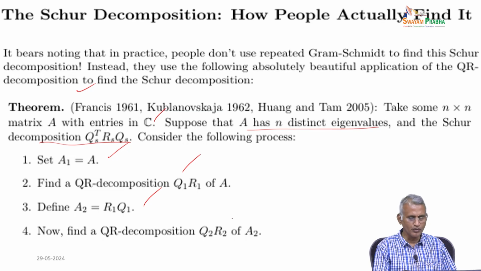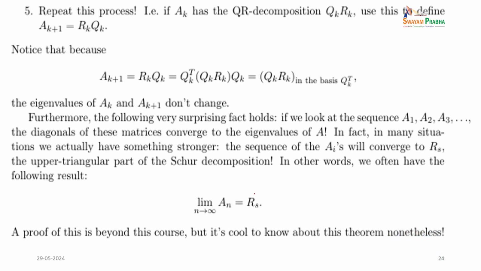Now, find the QR decomposition Q2 R2 of A2 and repeat the process, and A_k has a QR decomposition of Q_k R_k, and we have A_{k+1} equal to R_k Q_k. So, R_k Q_k is A_{k+1} and substituting, this becomes Q_k transpose into Q_k R_k Q_k, and then it becomes identity, and Q_k R_k is the basis of this. So, the eigenvalues of A and A_k do not change.